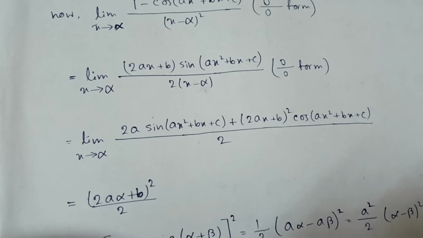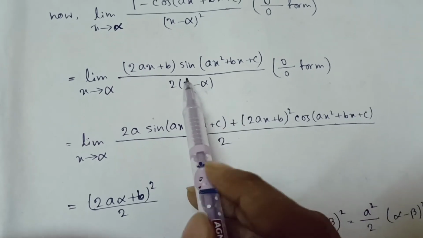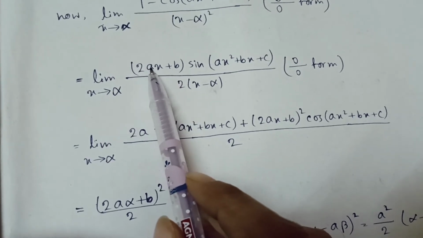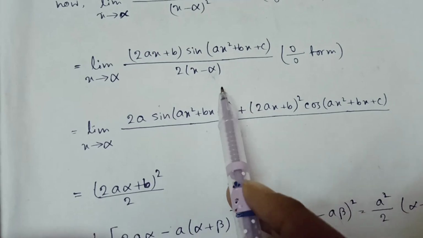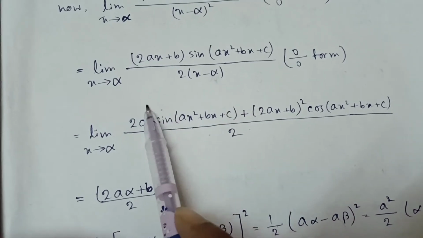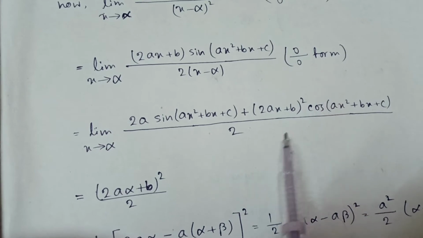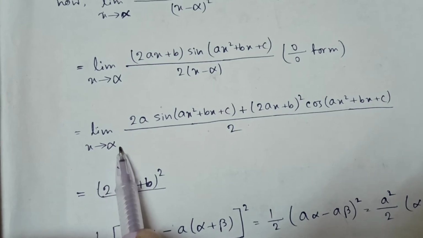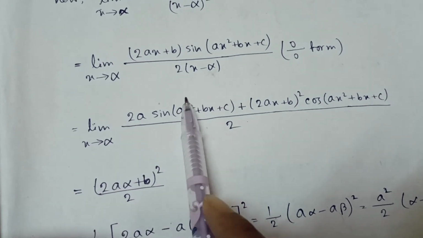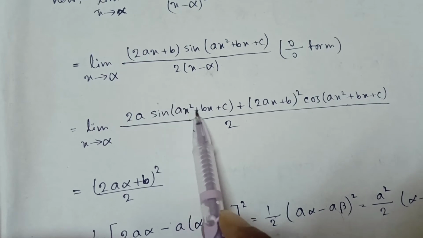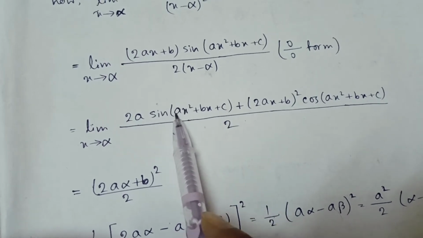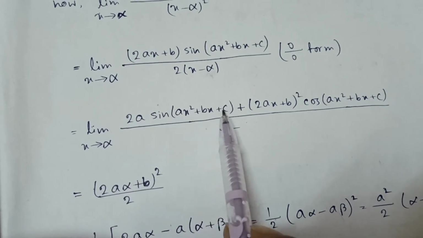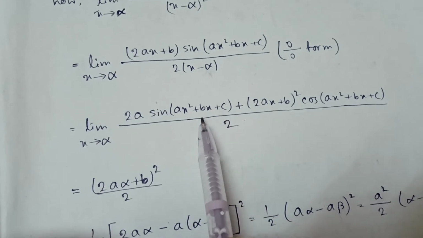So differentiate numerator and denominator separately once again. While you differentiate, you apply the d dx of u and v formula. So this will become this expression, you can see. Now to find the limit as x tends to alpha, since alpha is the root of this equation, alpha is the zero of this polynomial, so as x tends to alpha, it will become sine 0, which is again 0.